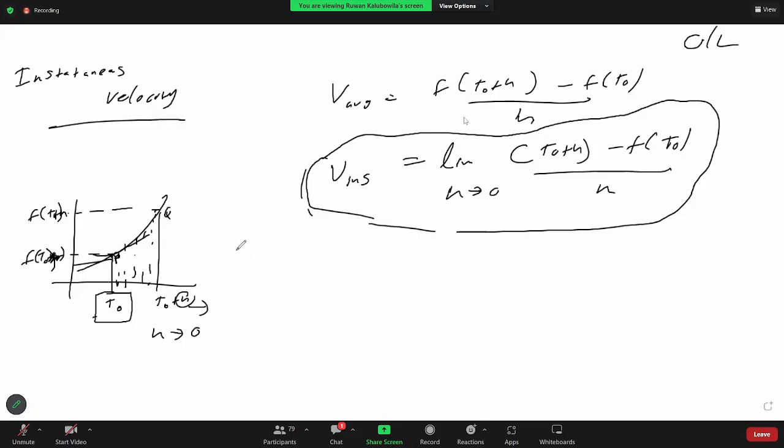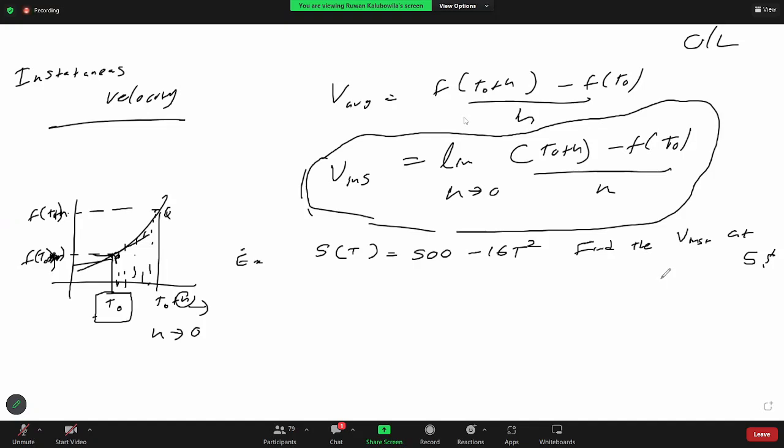So, for example, I will give you an example. Tell me the answer. You have an equation for displacement, s(t), that is equal to 500 minus 16t squared. Right? The problem is to find the instantaneous velocity at 5 seconds.